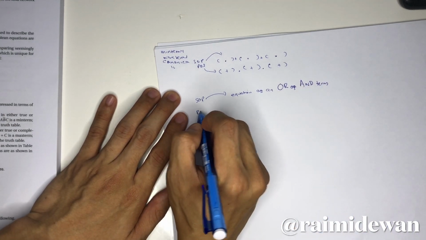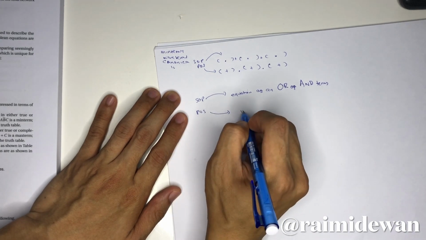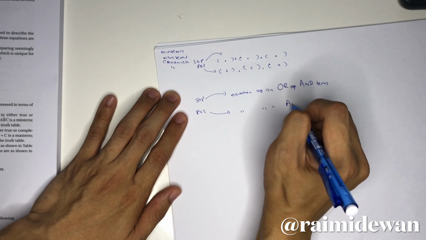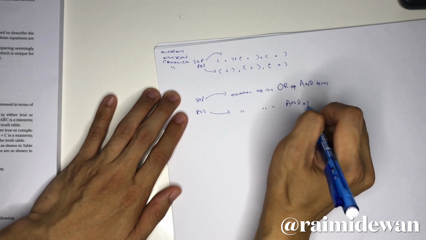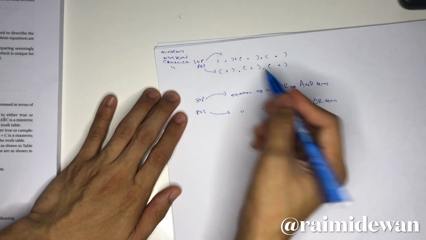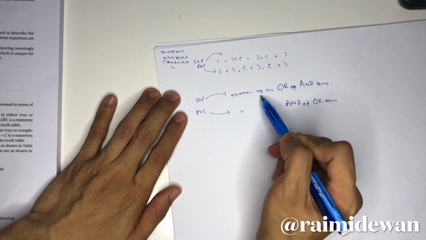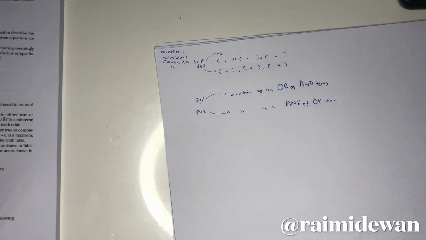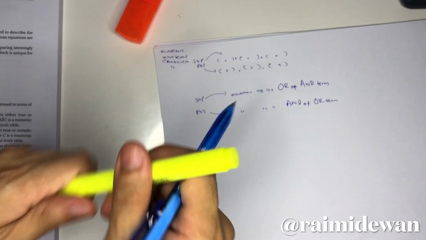And POS, product of sums, is the equation as a product, an AND, of OR terms.